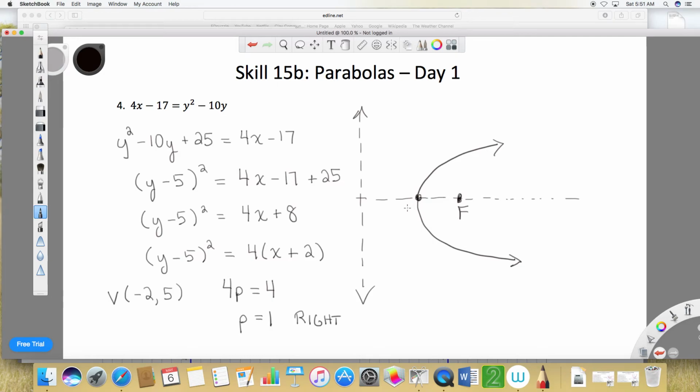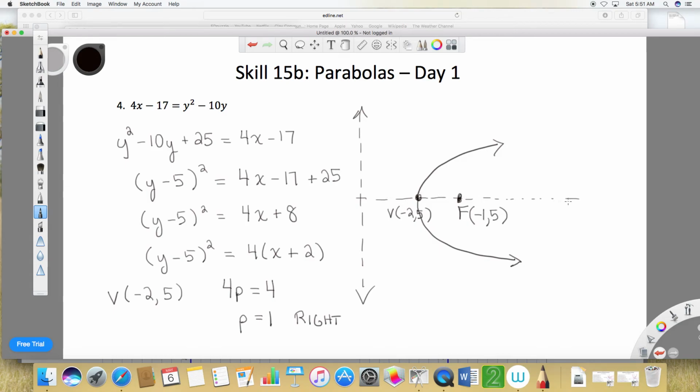All right, so we've already found the coordinates of this vertex, negative 2, comma 5. If I move to the right of that point, that's going to affect the x-coordinate. And if I move to the right, I'll be at the focus. If I move 1 unit to the right, negative 2 plus 1, it'll have coordinates negative 1, comma 5.